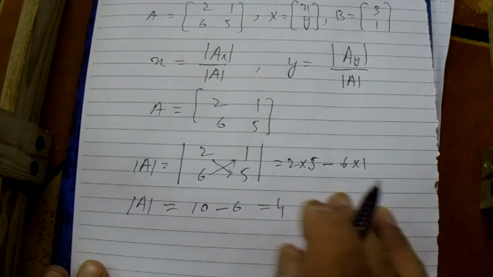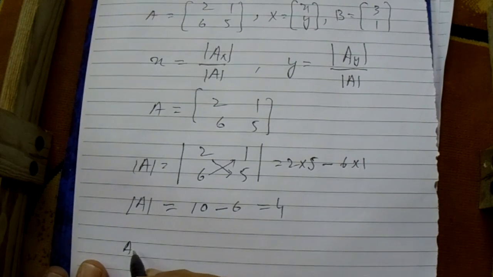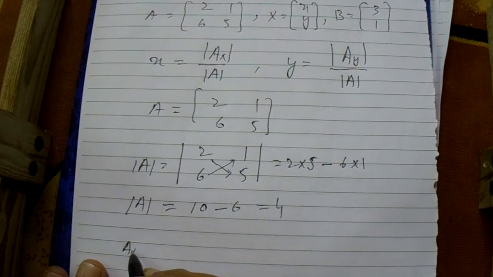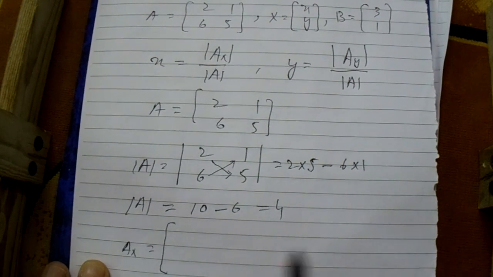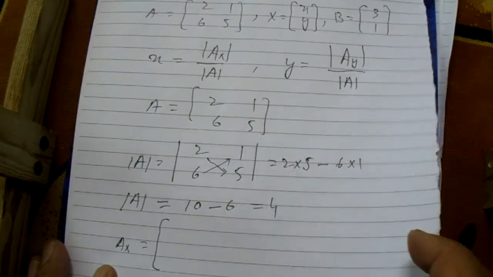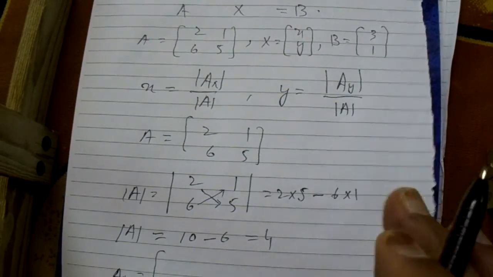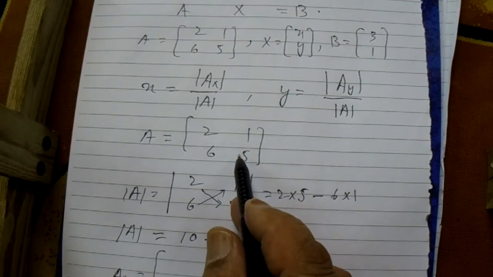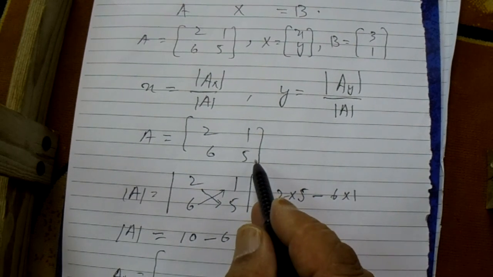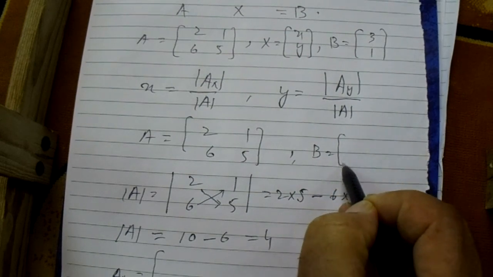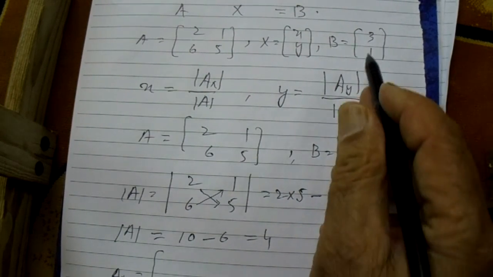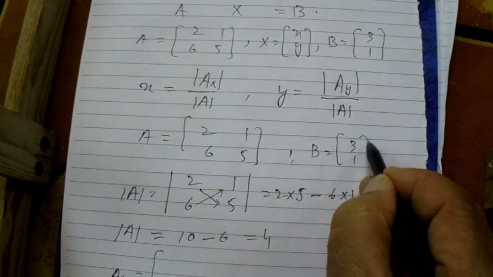Now we find det Ax. But first of all we find the Ax matrix. Here this is our A, and we write here the B matrix. We have written before this B 3 1.